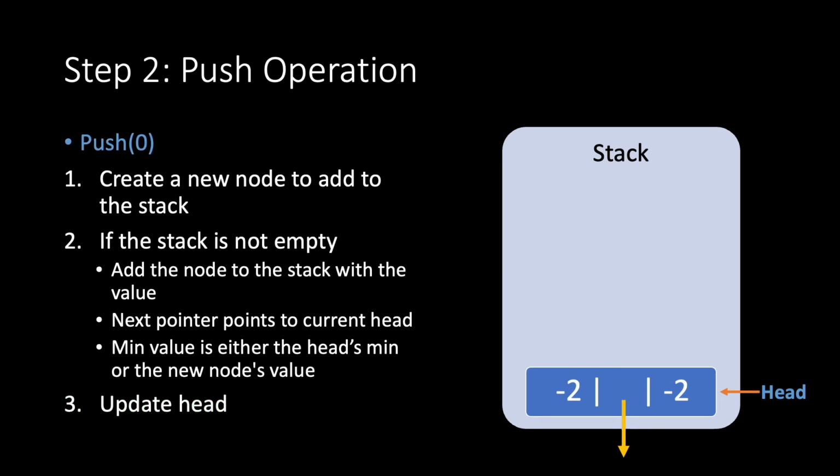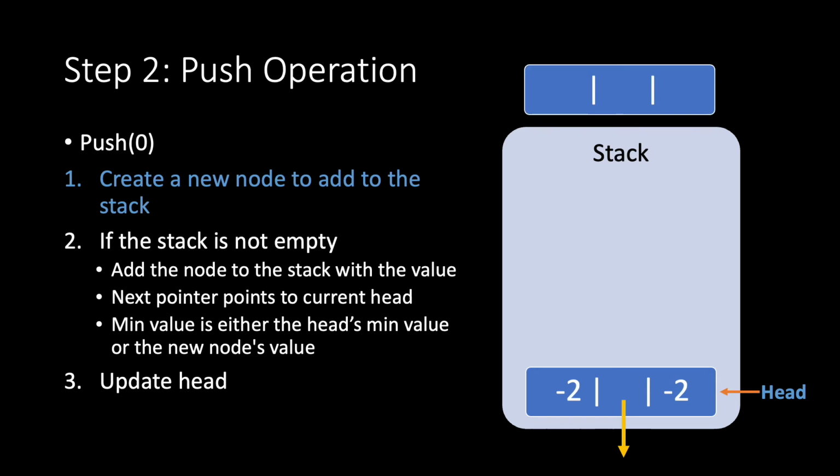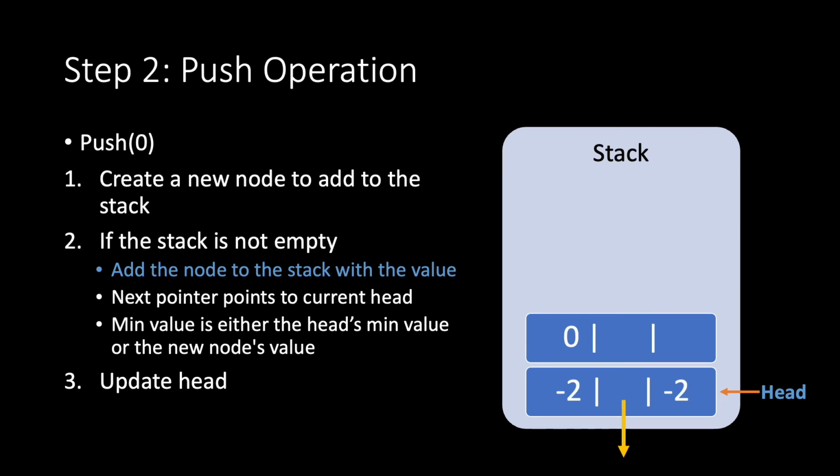Let's push another element. So we're going to push a node with 0 this time. So first we're going to create a new node, and then we're going to check if the stack is empty. This time it's not empty, so we're going to do something different. We're going to add the node to the stack with the value. So the value is 0 this time. The next pointer this time points to the current head, which is the node below this new node.